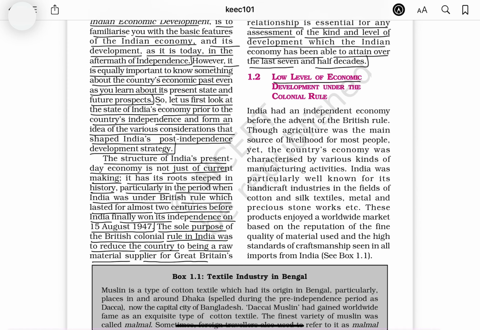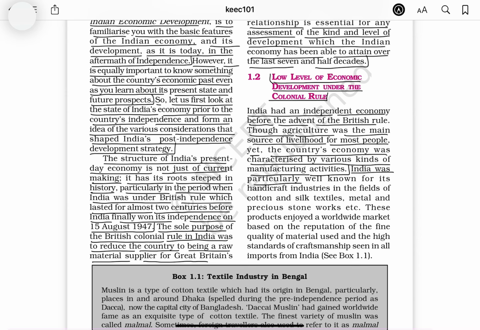Low level of economic development under the colonial rule. India had an independent economy before the advent of the British rule. Though agriculture was the main source of livelihood for most people, yet the country's economy was characterized by various kinds of manufacturing activities.